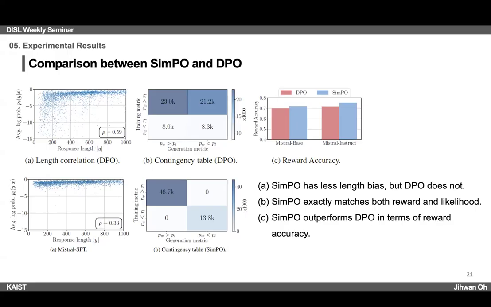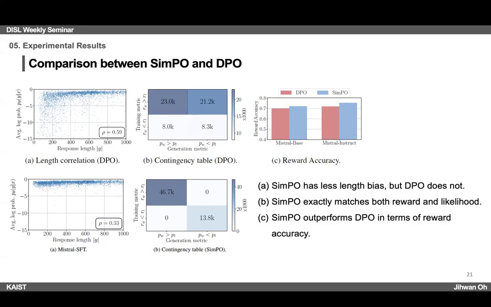How was the reward score calculated? Actually, in this table, the reward means the implicit reward in DPO and SimPO. It's not an external reward, and the reward was calculated during training.